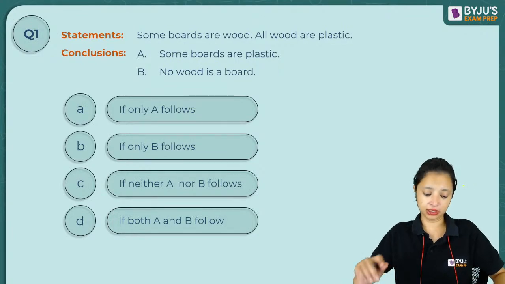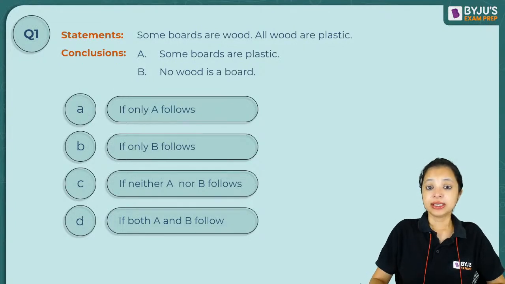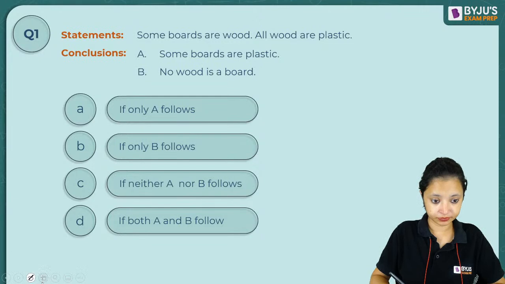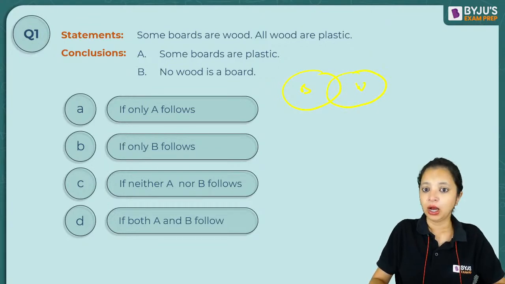All right, let me show you how to get this question correct. Some boards are wood. Okay, so these are boards and some boards are wood. Okay, all wood are plastic.